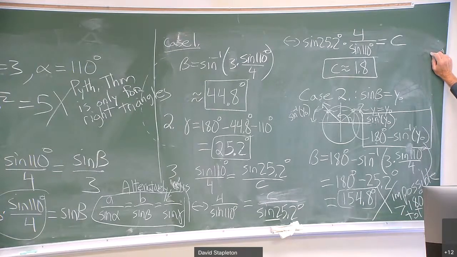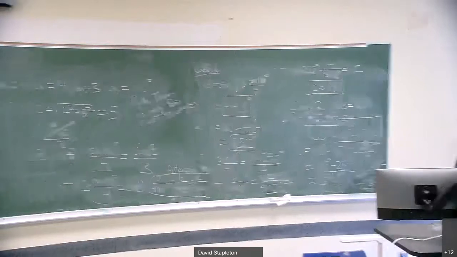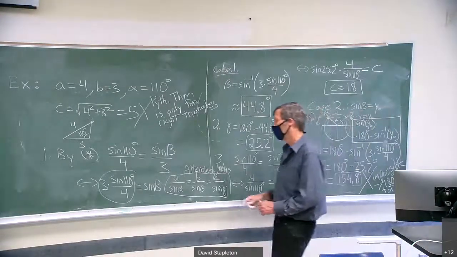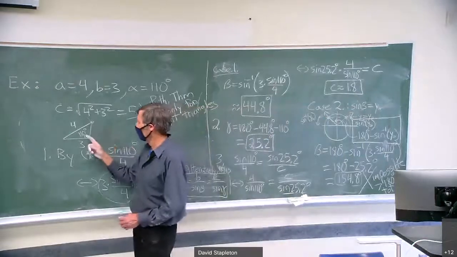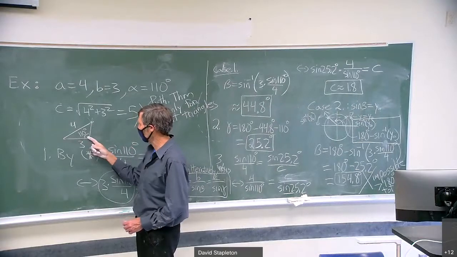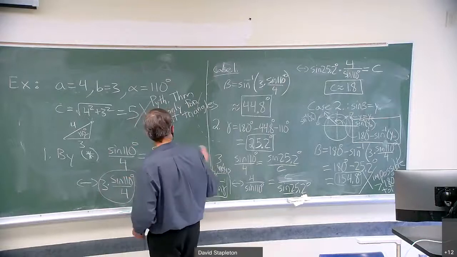What's better, if I can back this up for a minute, is to notice back here, since I'm given A, B, and alpha, if A is bigger than B, there's only going to be one solution. I can see it from geometry, and just do the one case of arcsine.